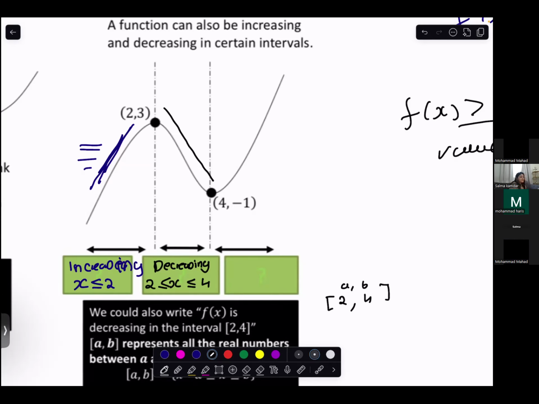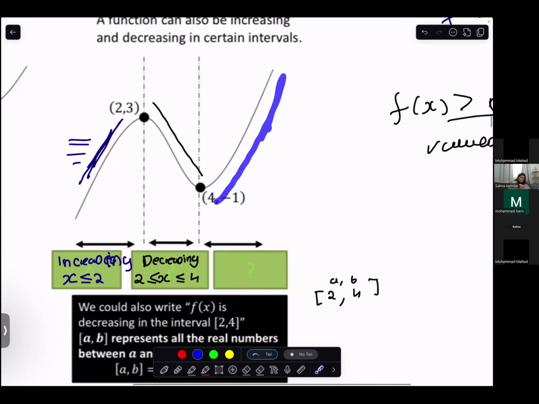Are you with me? Okay, how about this? For this one, it's going to be increasing. Increasing for what? X is greater than or equal to 4. Okay, very good.